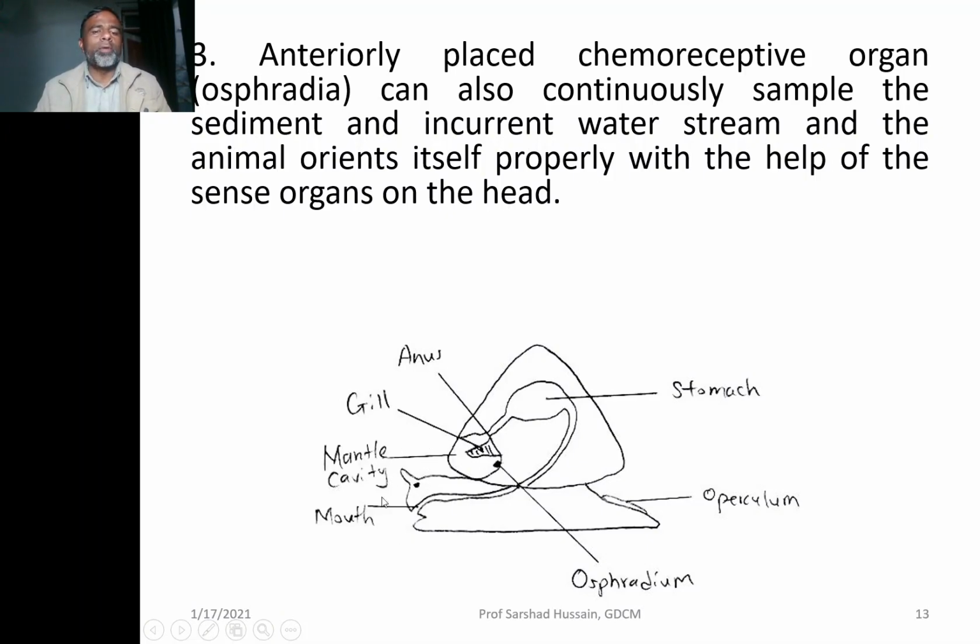That is why they are more efficient. If the sense organs are located away from the head, there may not be good coordination between the sense organ and the animal, and the animal may not change its position or take action according to the sense it is perceiving through its receptive organs.